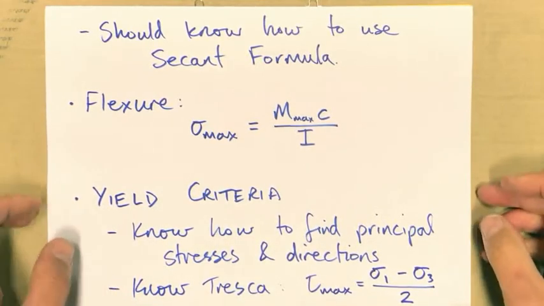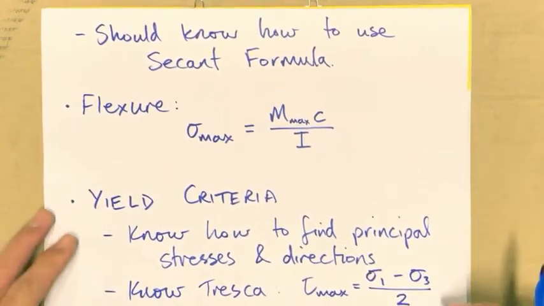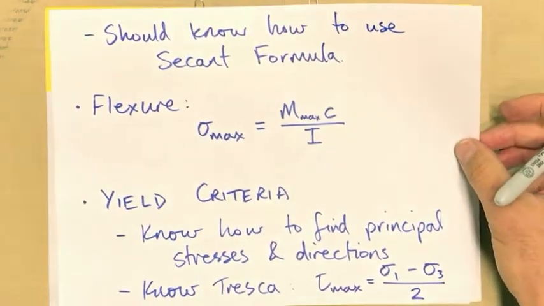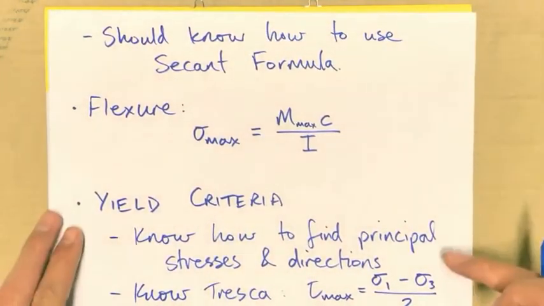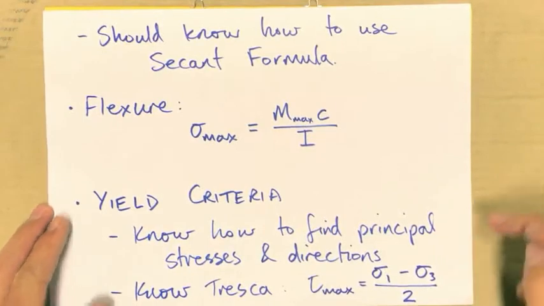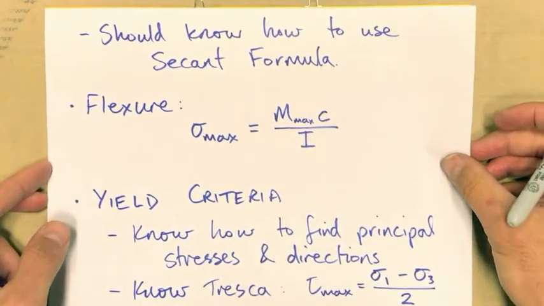Okay? And if you wanted to know if something had yielded, you compare that to yield stress on 2. And you should know, of course, the maximum principal stress criterion, the first one, just comparing the principal stress to the yield stress.